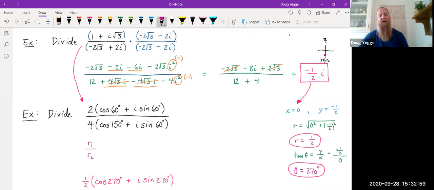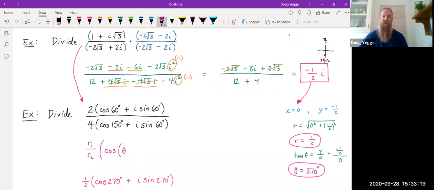But remember, when we were dealing with the product of two complex numbers, we added the angles to get 210 degrees. Well, let's take a look at what happened if we were to subtract the two angles. Notice that we get 60 degrees minus 150 degrees.